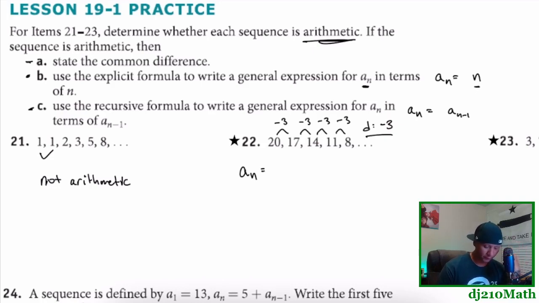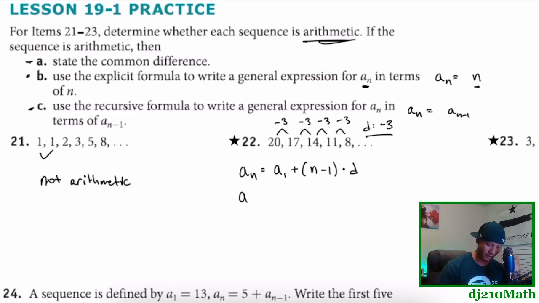If you recall from the notes or the last video, it's A sub 1 plus n minus 1 times d, the common difference.